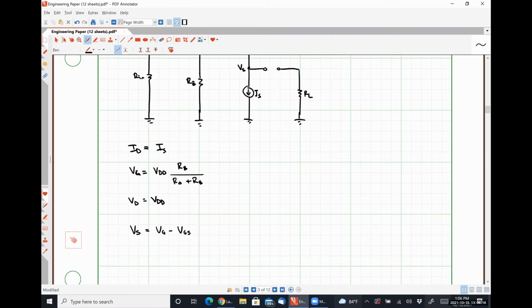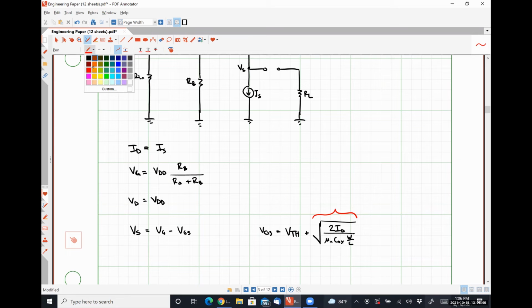Well, since we know that our device is operating in the saturation region, VGS is going to turn out to be VTH plus the square root of twice ID divided by UN Cox W over L. Where this term right here represents our saturation drain voltage, which is the exact same thing as VGS minus VTH, which we have also heard called our overdrive voltage.